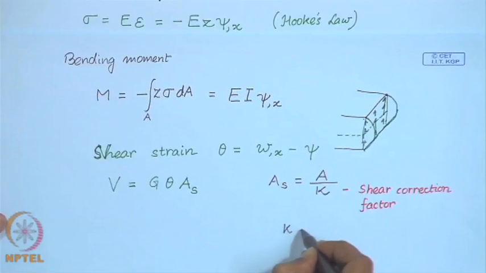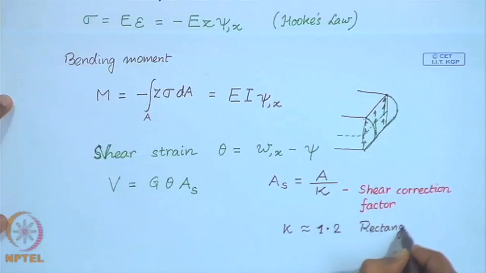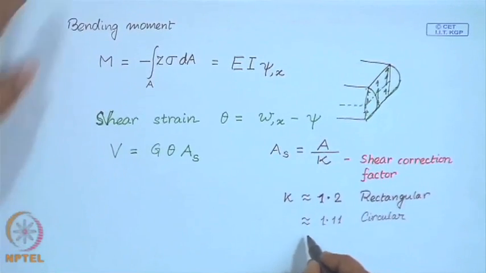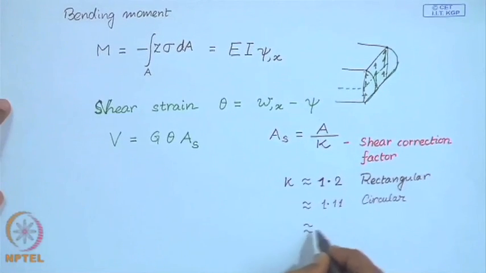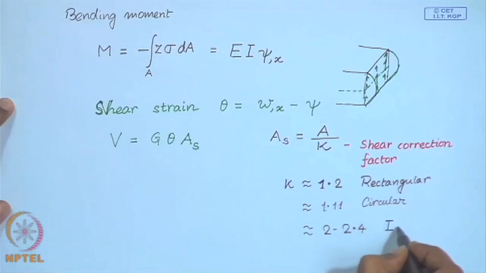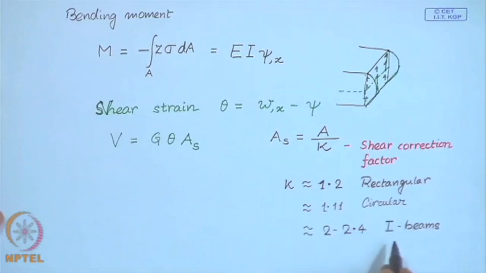Now, typically these take on values of about 1.2 for rectangular cross section, approximately 1.11 for circular cross section, and from about 2 to 2.4 for beams with I cross section, I beams.